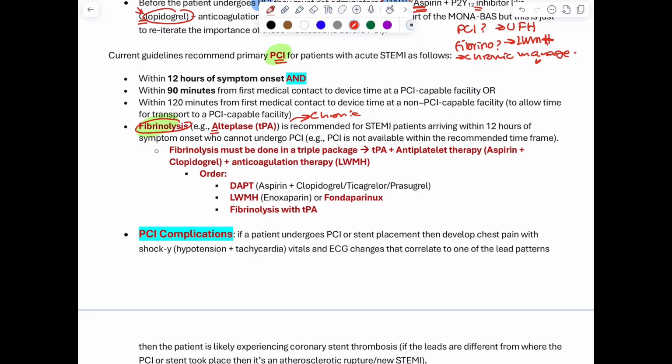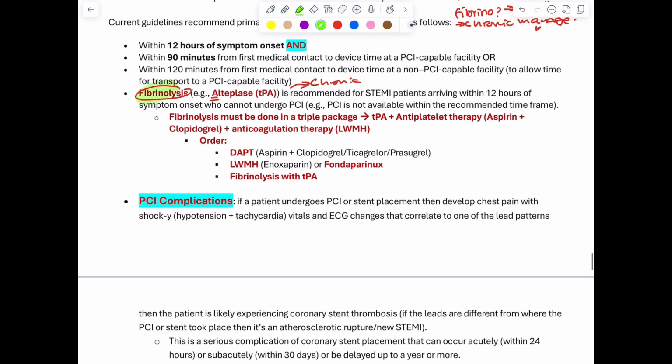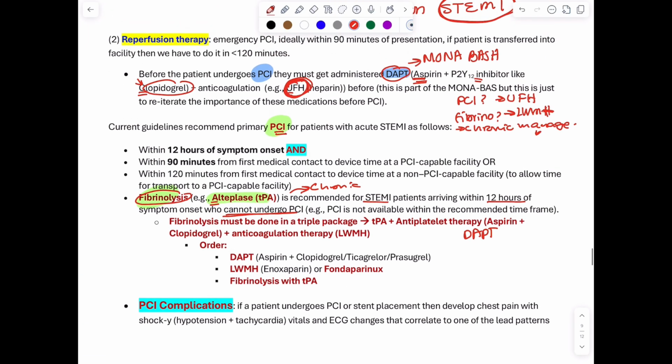So the fibrinolysis, we do it with alteplase, okay? And again, it's recommended for STEMI, arriving within 12 hours, who cannot undergo PCI, okay? So for fibrinolysis, what you do is that you give the DAPT that we talked about, exactly like the one here.